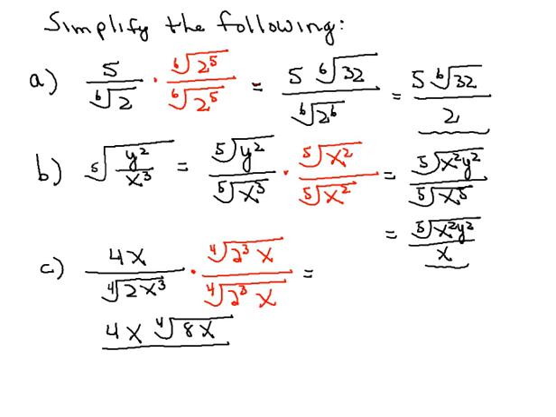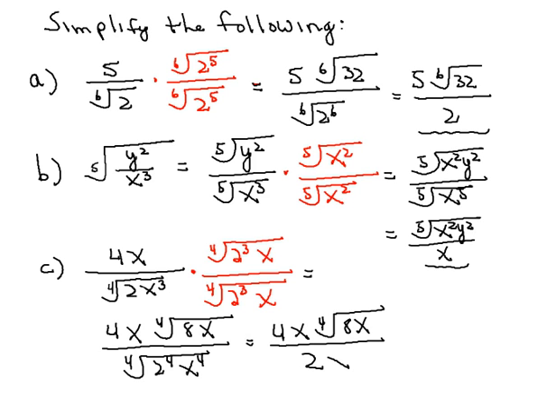In the denominator we'll have the 4th root of 2 to the 4th, x to the 4th. So we have 4x times the 4th root of 8x in the numerator. And the denominator, I trust you realize, will simplify to just 2x.